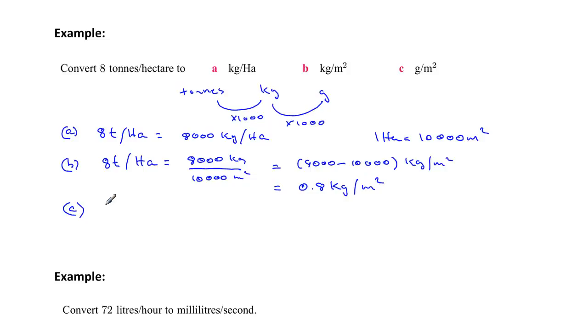So our final question asks us to convert to grams per square metre. So we'll start again with our 8 tonnes per hectare, and at the top we'll take our 8, we'll times it by 1,000 to convert it to kilograms, and then times it by 1,000 again to convert it to grams. So that's our grammage, and we want it in square metres, so we know that that's 10,000 square metres.